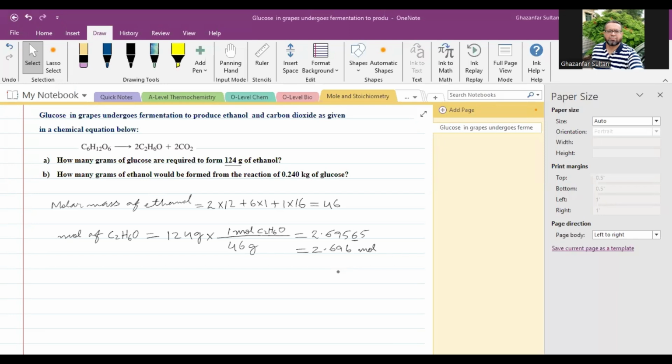Now you can see that the factor by which they are given in the chemical equation is that 1 mole glucose, that is C6H12O6, produces 2 mole ethanol. So how much ethanol do we have? We have to use ethanol here. We have 2.696 mole ethanol.